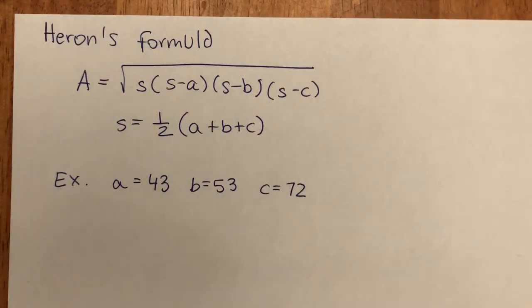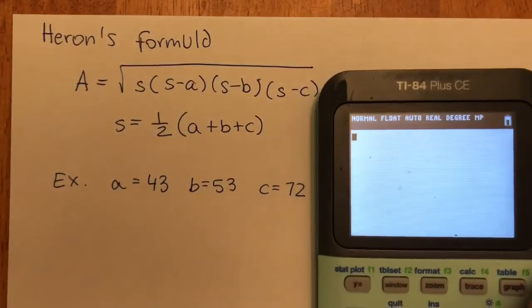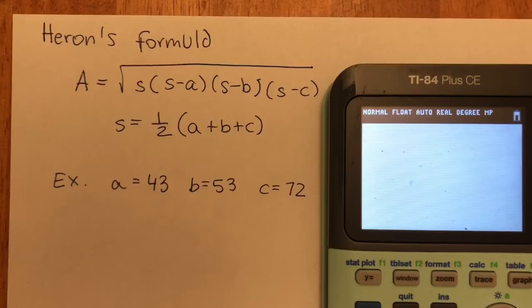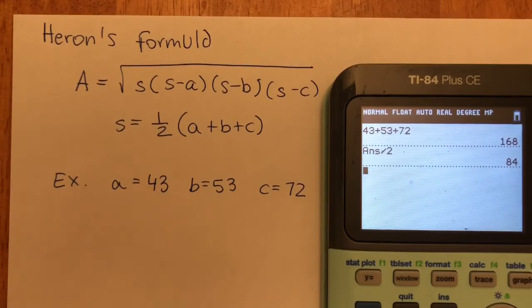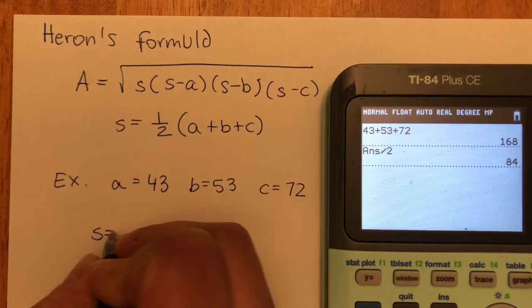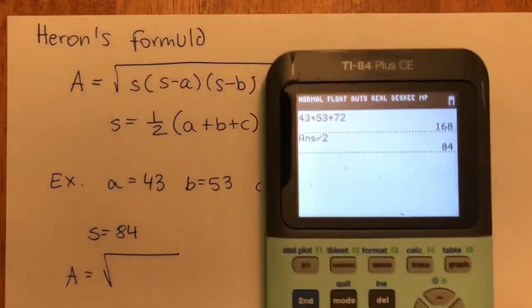If you have a graphing calculator, or if you have any calculator, take a look how quickly we can solve this problem. I will add 43 plus 53 plus 72. I will divide it by 2, and I know that this is equivalent to my S. And now area is equal to square root of everything.